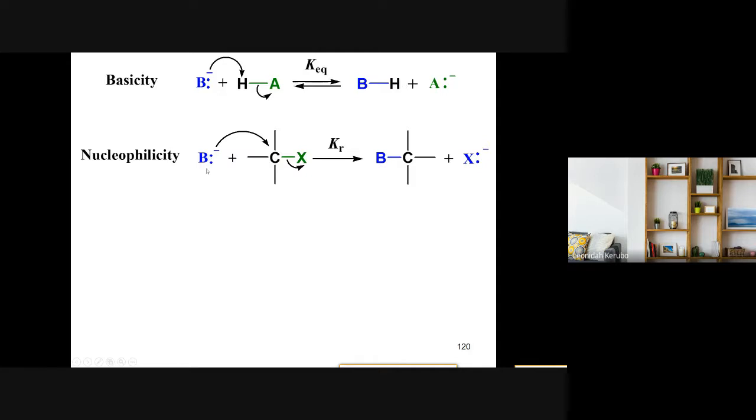But if the same electron-rich species uses the 2 electrons to form a new bond to an electrophilic carbon atom, then it acts differently. You can see here it's in blue. The 2 electrons of this covalent bond are from the electron-rich species here. And in this case, since it's using them to form a new bond to carbon, it's going to be known as a nucleophile.